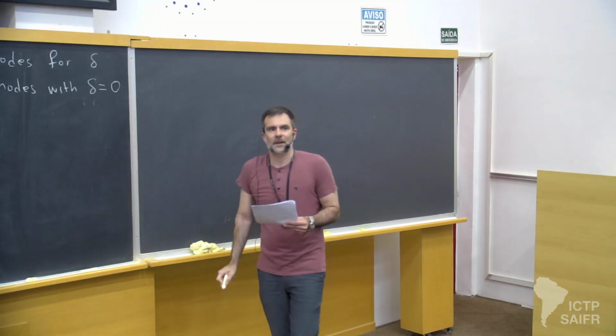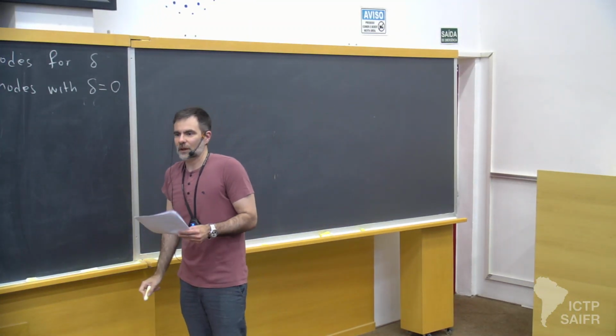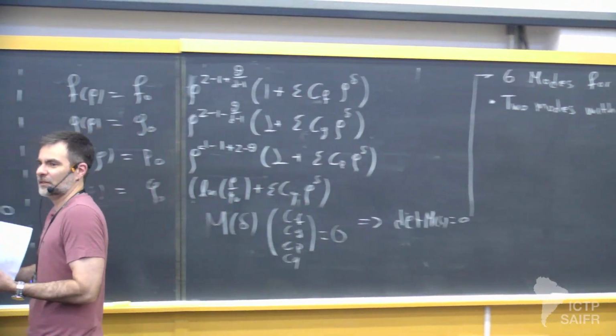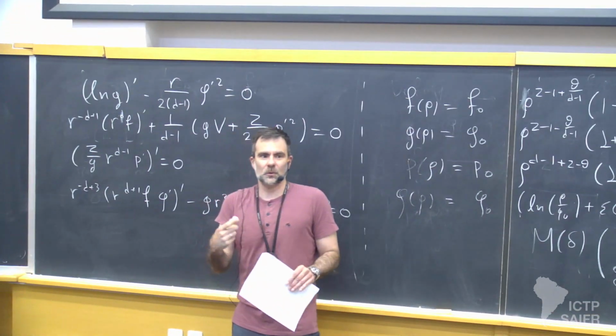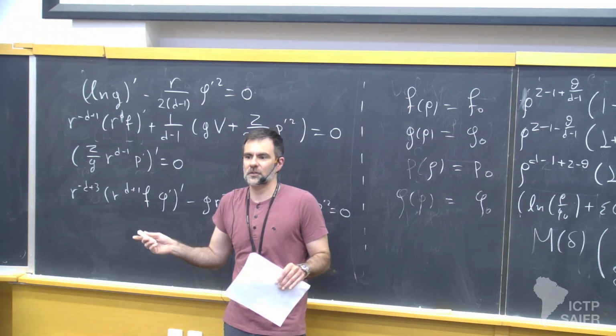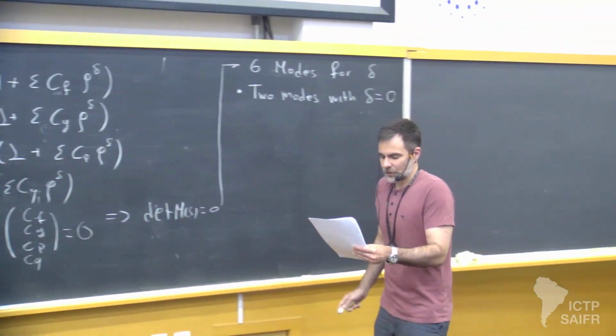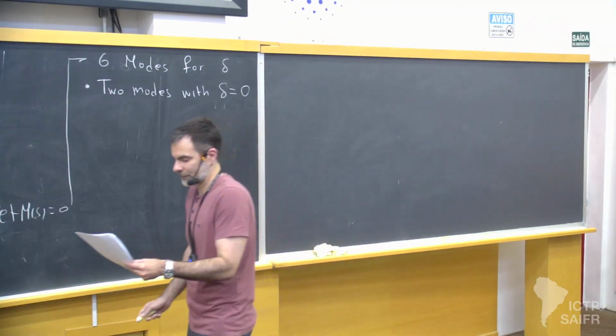Okay? That would have been easy to guess. You see, we had 2 constants of integration, this P naught and this rho naught. So these static modes, all they do is just change the value of these 2 parameters. Okay? So that's expected to happen.